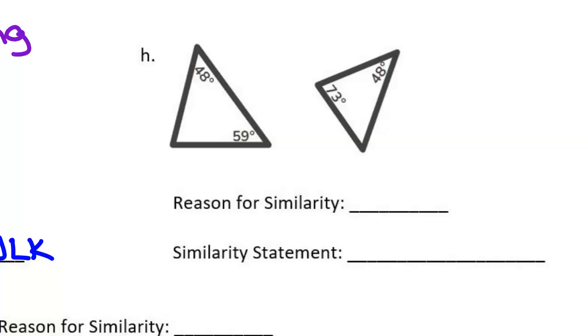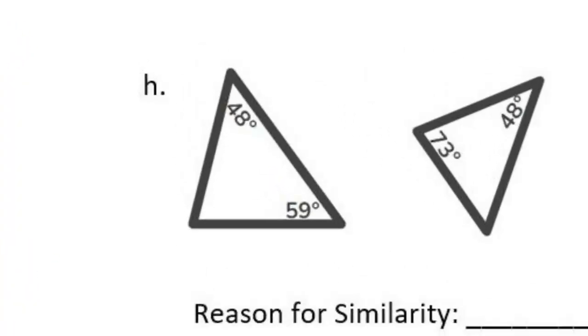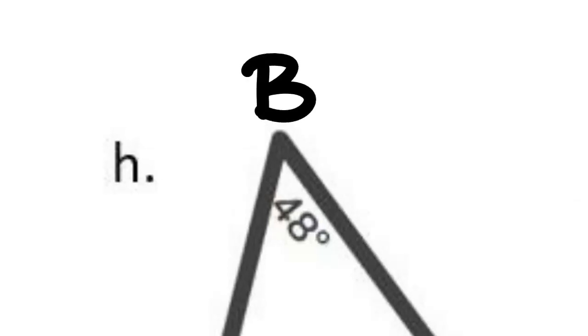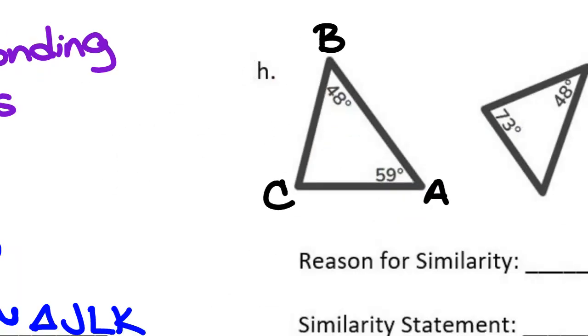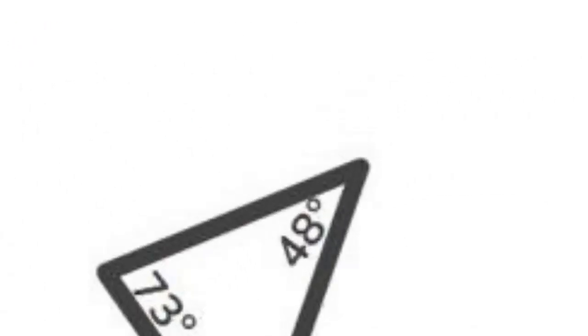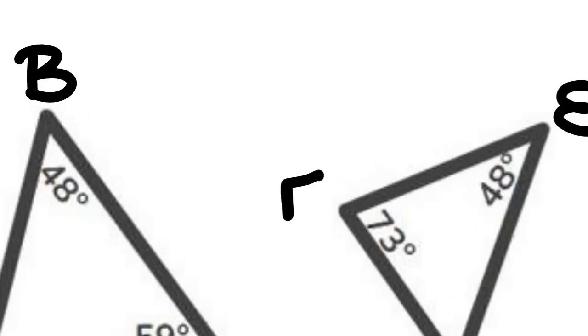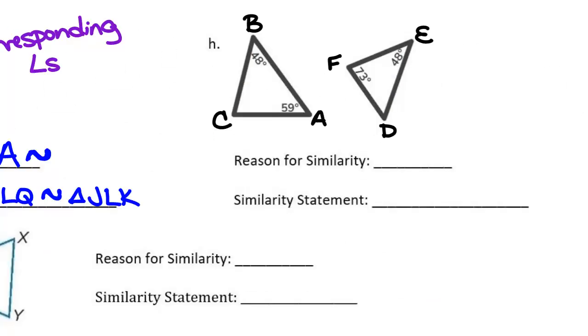First thing I notice about part H is that these triangles are not labeled. So let's call this first one, we'll put A here at 59 degrees, B up here at 48 degrees, and C down here. Let's put E at 48 degrees, D down here, and F at 73 degrees.